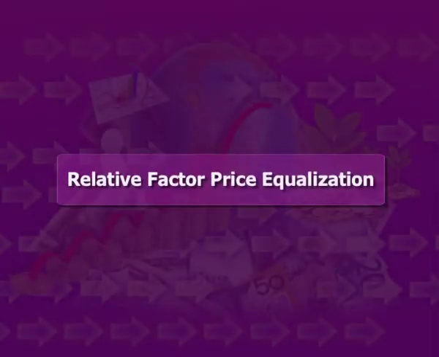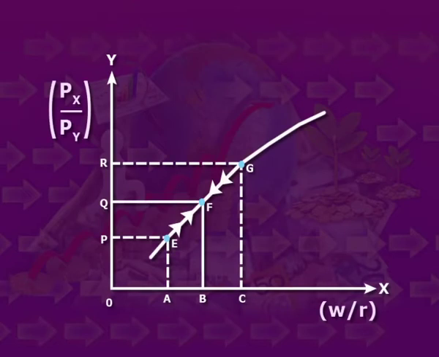Now let us discuss the relative factor price equalization. According to the figure, the relative price of factor, that is W by R, is measured on the X axis, and the relative commodity price, that is Px by Py, is measured on the Y axis. We assume the condition of perfect competition. Each W by R ratio is associated with a specific Px by Py ratio.